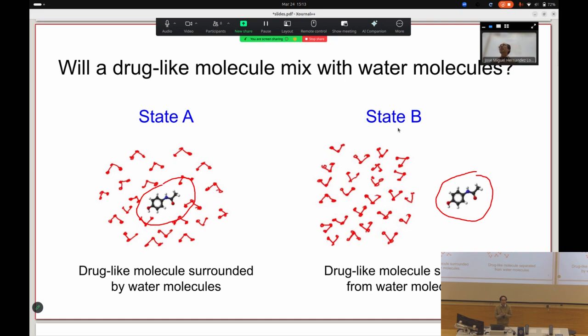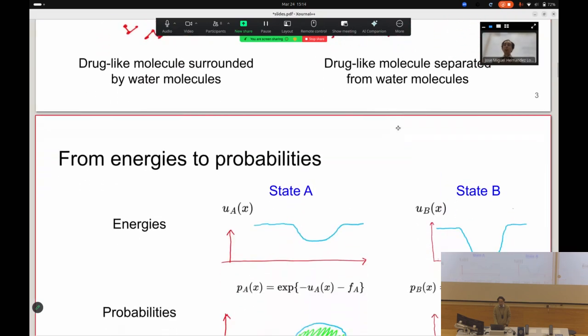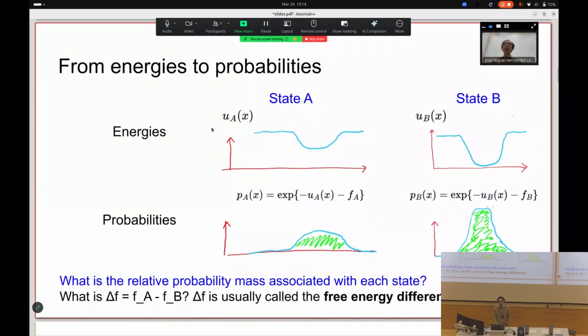We are going to be interested in computationally answering the question: what's going to happen in the real world? We are going to have a state A, or we are going to have a state B. The way to answer this question is to first have a model for the energy of the atom configurations in 3D space. This could be a model based on physics.